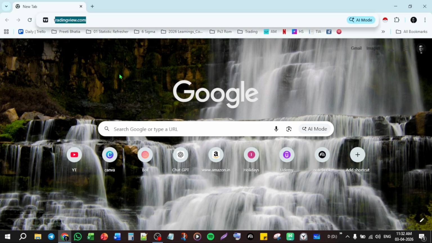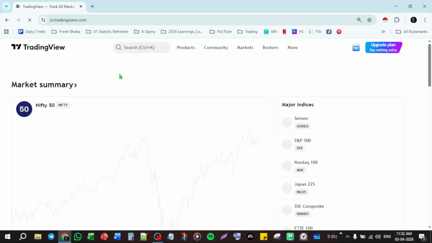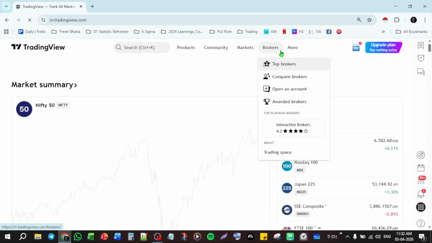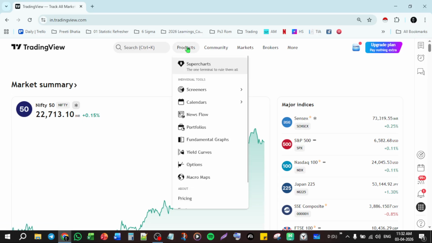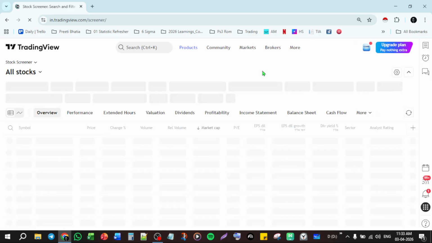You just go to tradingview.com, and you will see products, community, markets, brokers, and more. So what we need is to go into product, go into screener. Step one, screener. Step two, go into stocks. So again, I'm saying product, screener, stocks.